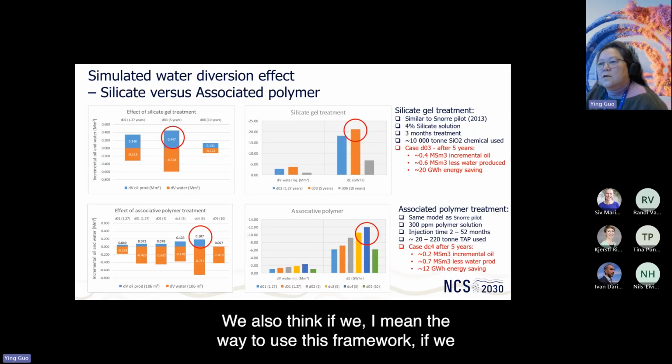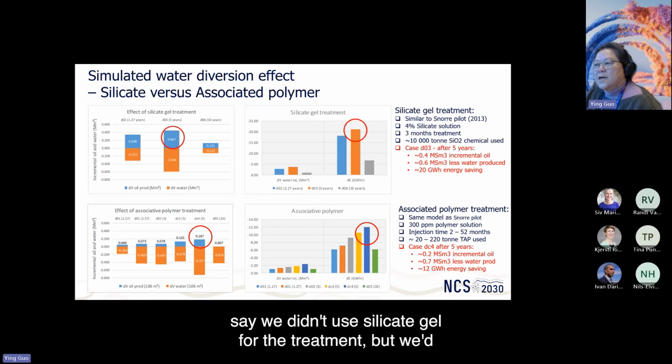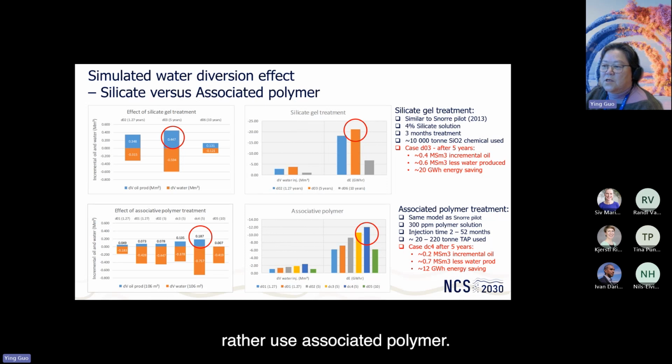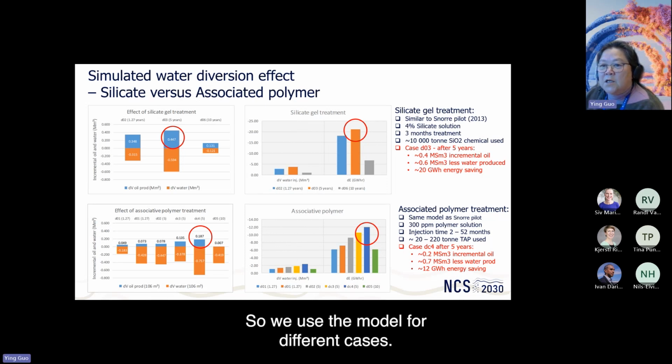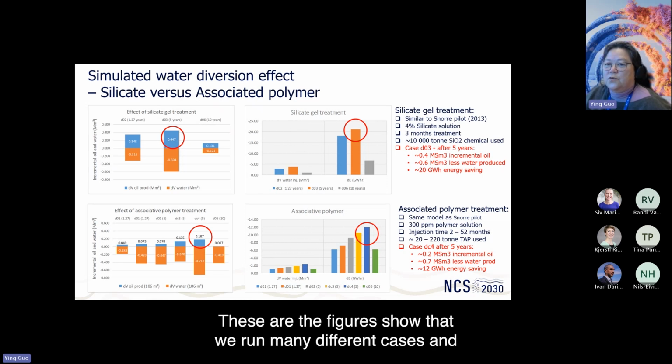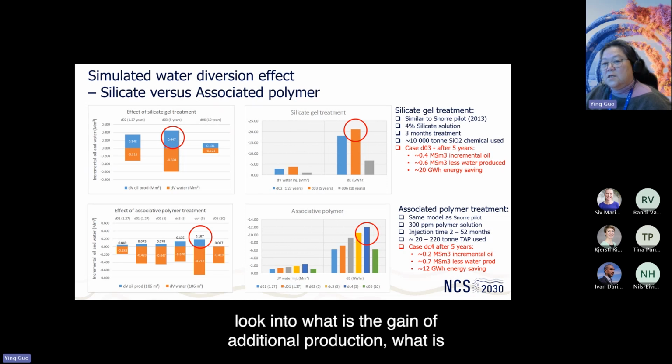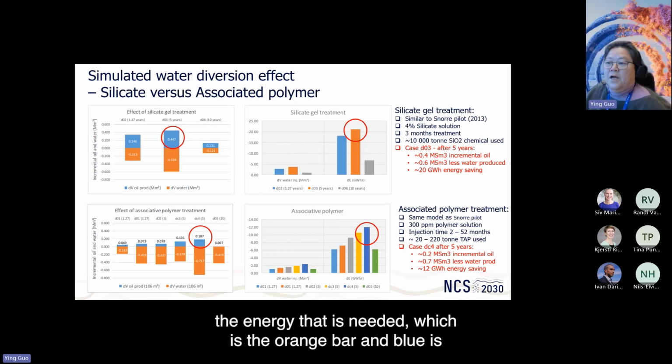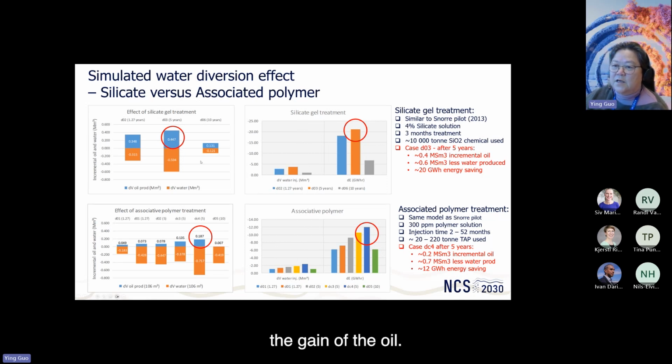We also think about the way to use this framework if we didn't use silicate gel for the treatment, but rather used an associated polymer. So we use the model for different cases. These figures show that we run many different cases and look into what is the gain of additional production, what is the energy that is needed, which is the orange bar, and blue is the gain of oil.